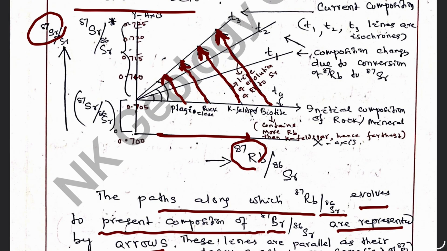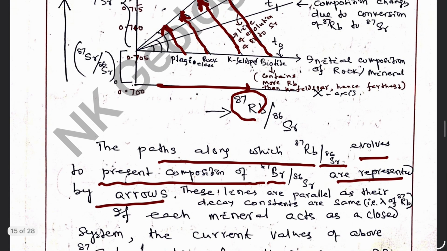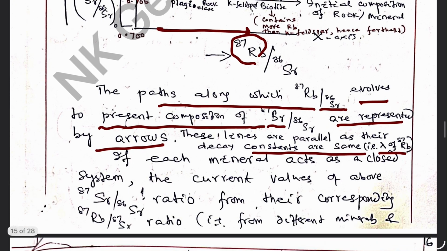That's why rubidium 87 by strontium 86 evolves to strontium 87 by strontium 86 in straight lines as indicated by these arrows. These lines are parallel as their decay constants are the same, for decay of rubidium 87 to strontium 87.